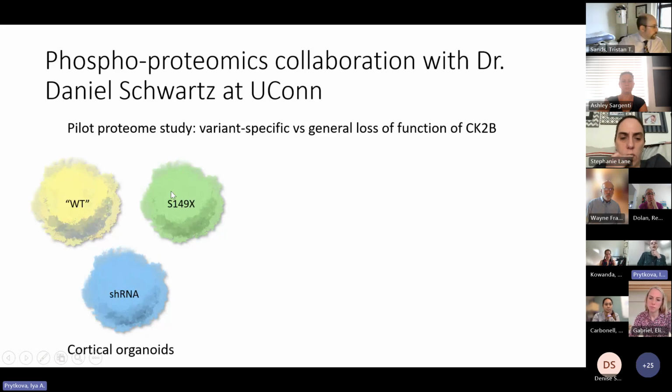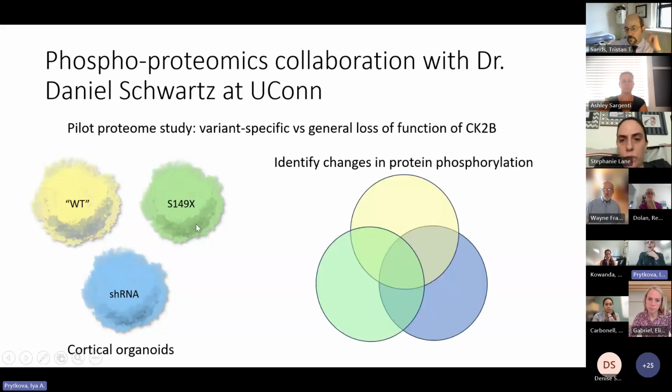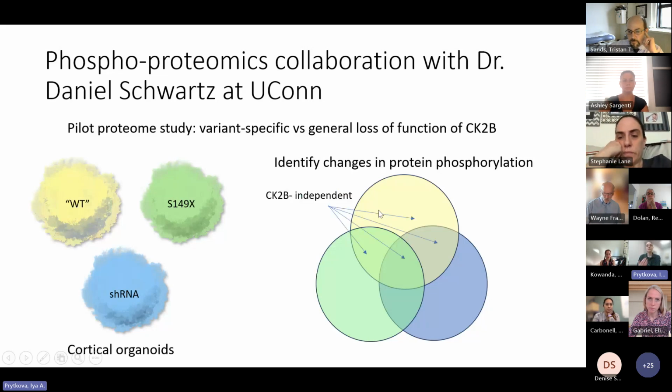So for our first pass at this, we've got our isogenic conditions where we are going to be comparing just variant-specific versus generalized loss of function of CSNK2B. And by doing so, we can identify overlapping and non-overlapping changes in protein phosphorylation. So anything that we see in the yellow circle, we would know that these phosphorylation targets tend to be CSNK2B independent.